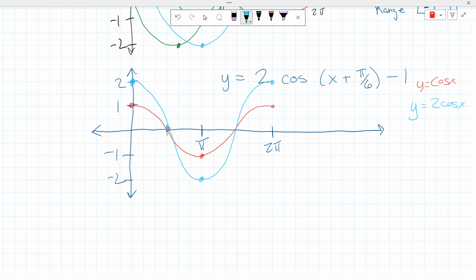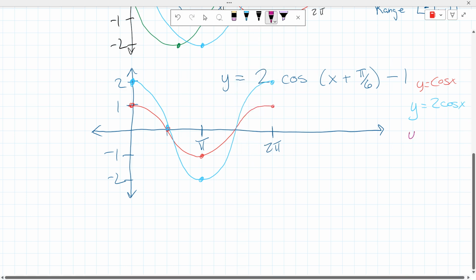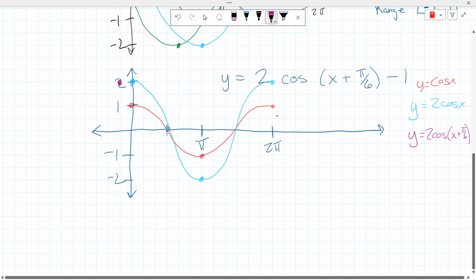Plus pi over 6. Which direction am I going pi over 6 in? So I move 1 square to the left.